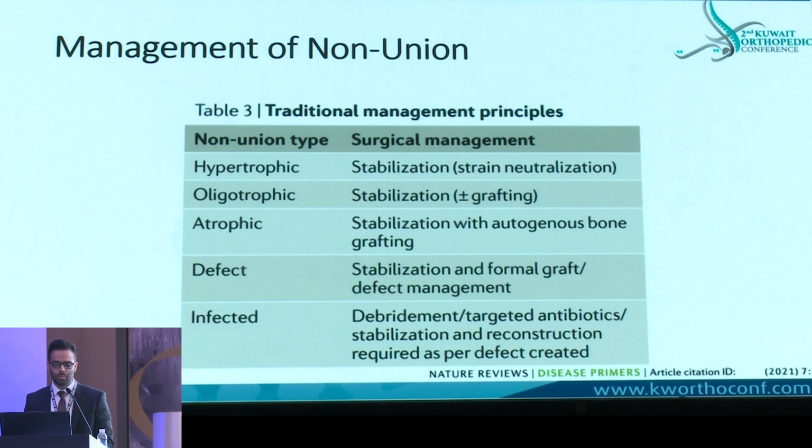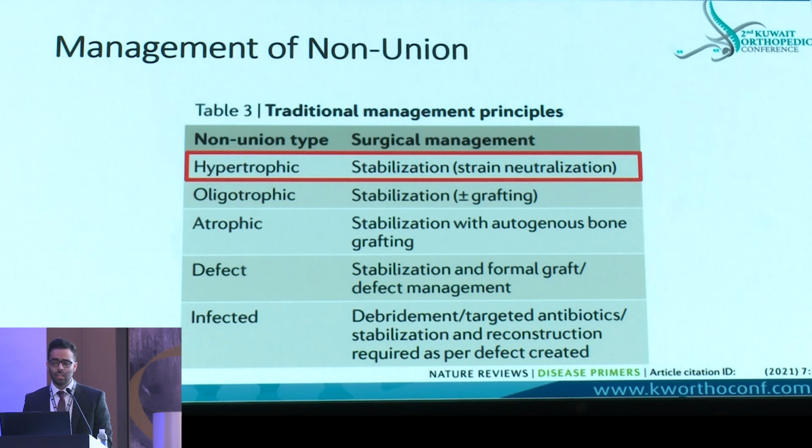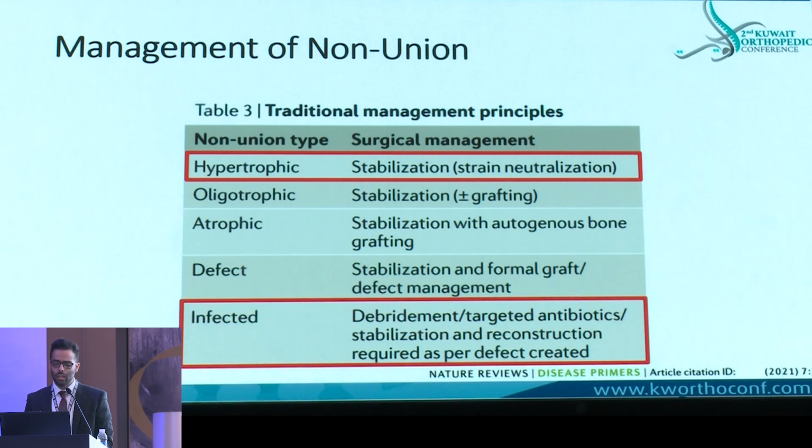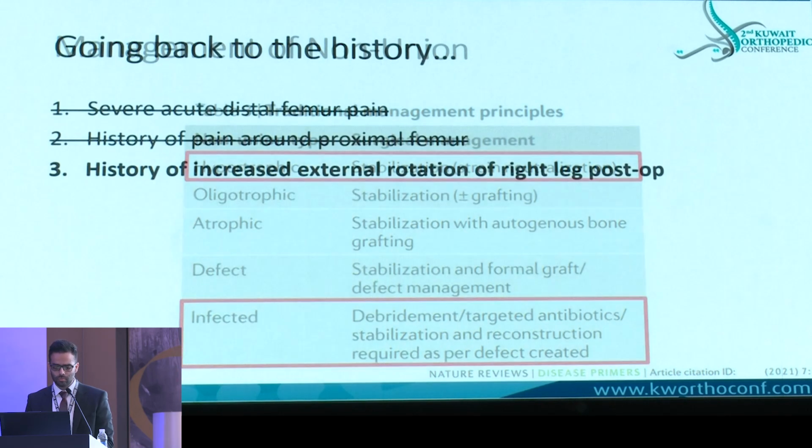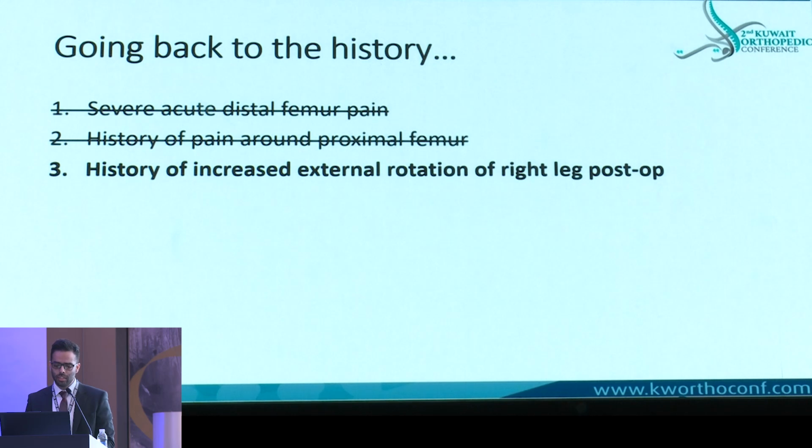The traditional management principles are based on the type of non-union that you define after your preoperative workup. In this case, we say that he has hypertrophic non-union and possible infection. The other thing that he mentioned is the increased internal rotation that he noticed postoperatively.